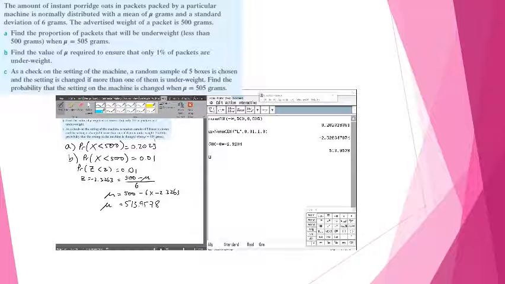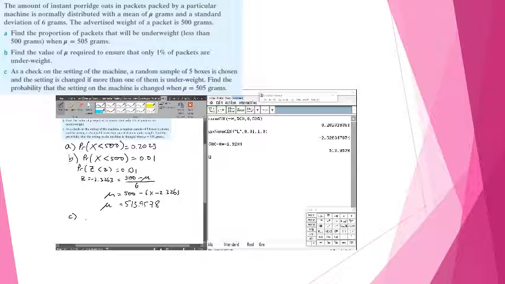As a check on the setting of a machine, a random sample of 5 boxes is chosen and the setting is changed if more than one of them is underweight. Find the probability that the setting on the machine is changed when our mean is equal to 505 grams.